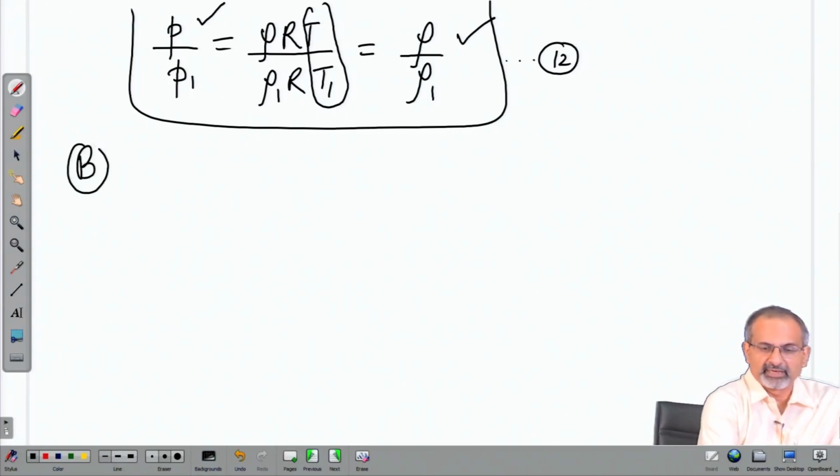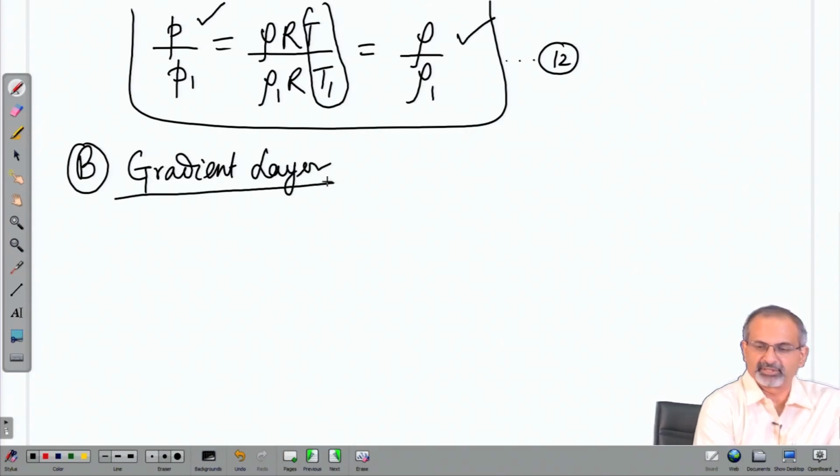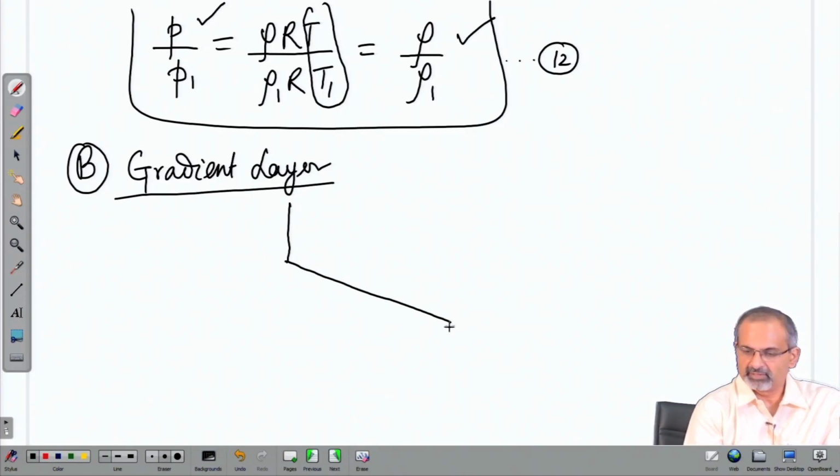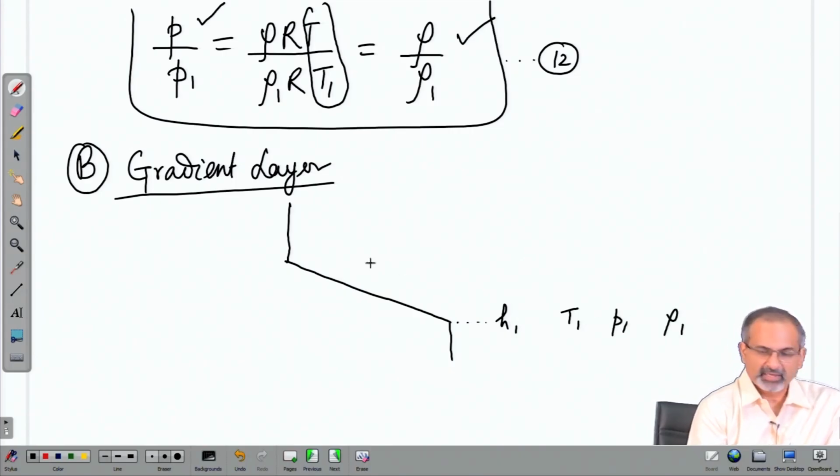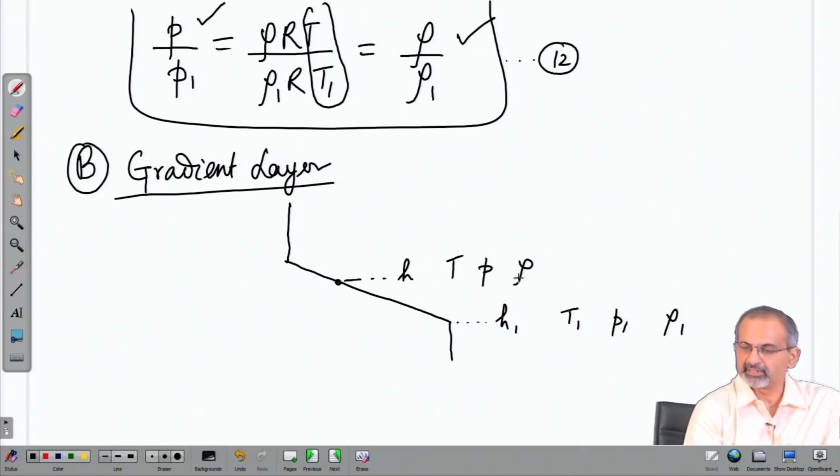Let us go to the gradient layer. If you choose any gradient layer, you are going to see a temperature change, either reduction or increase. We are looking at a reduction case. Again, we start with altitude h1, temperature T1, pressure P1, rho 1, and an intermediate point at an altitude h, where temperature is T, pressure, density, etc. The temperature change is linear.